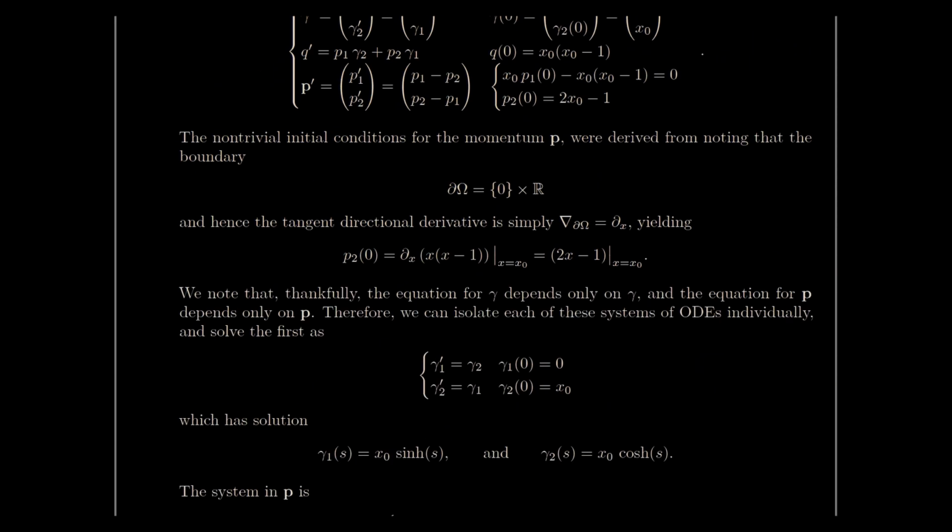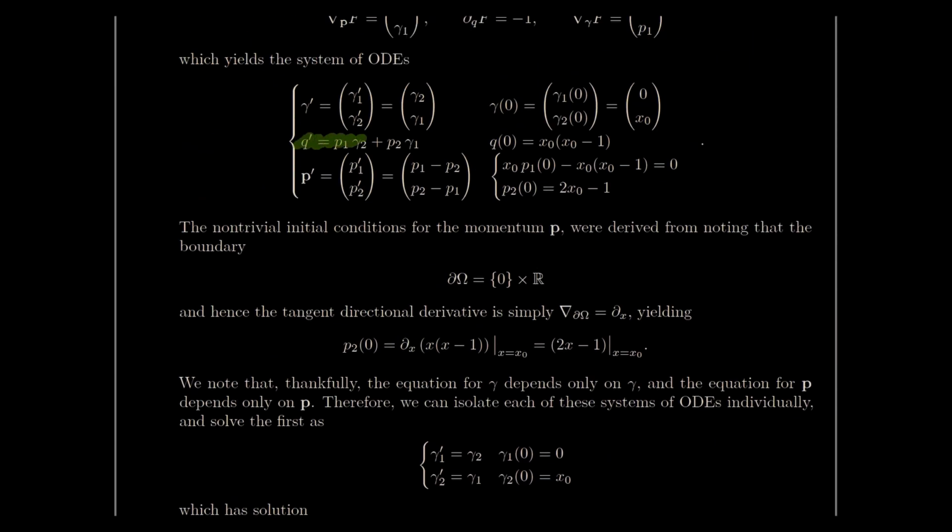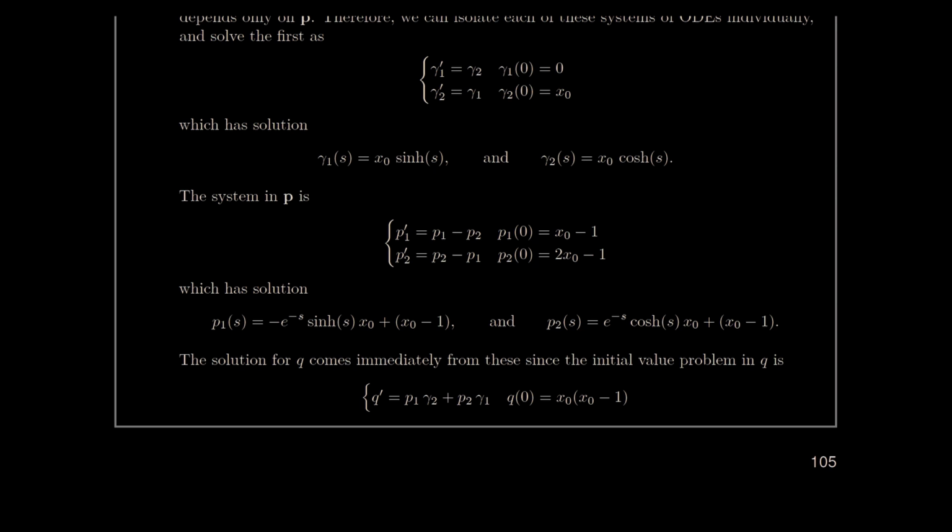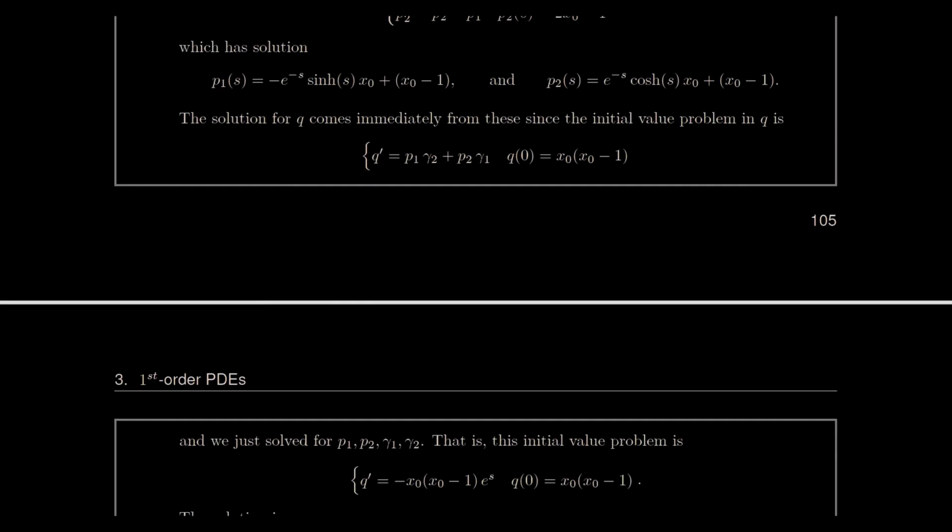If I jump up to my function in q, q prime is p1 times gamma 2 plus p2 times gamma 1. So if I scroll down here, I'm just going to remember that p1, I just found it, gamma 2, I just found it, p2, I just found it, and gamma 1, I just found it. So I'm just plugging all of those in, keeping the initial condition in mind.